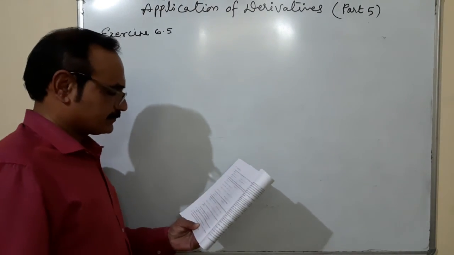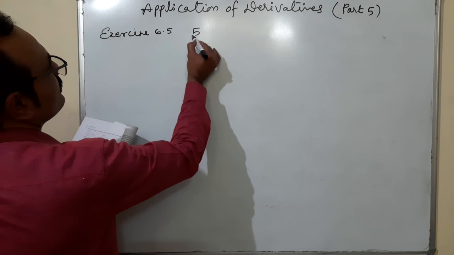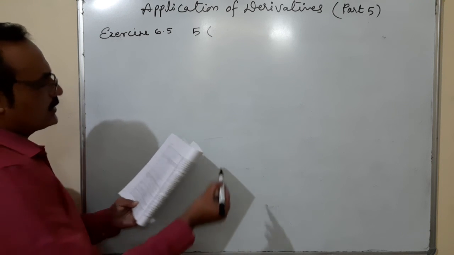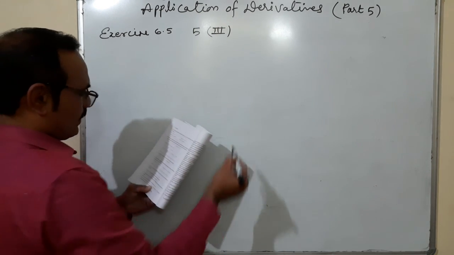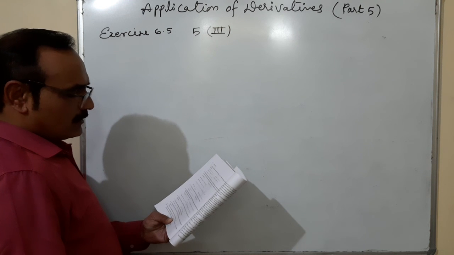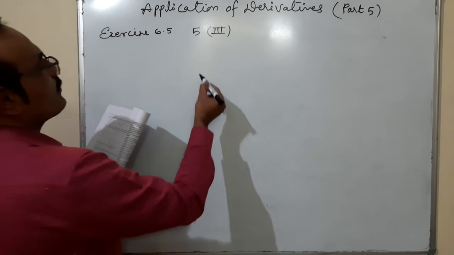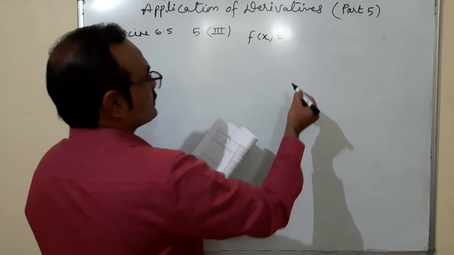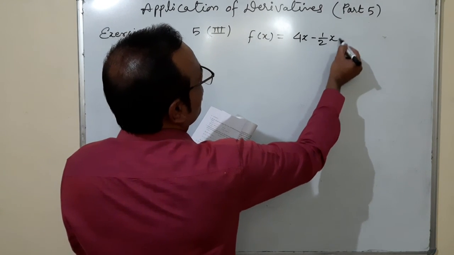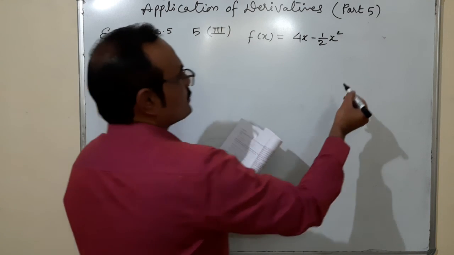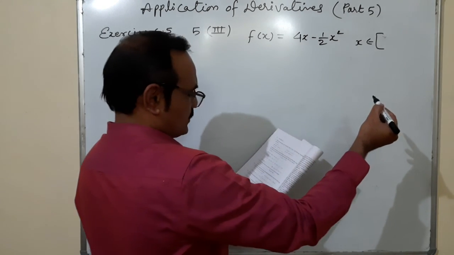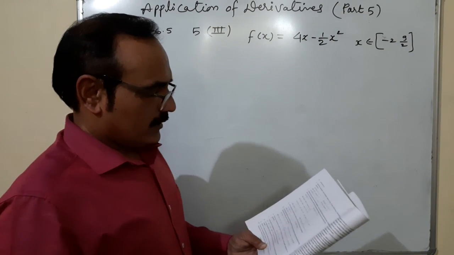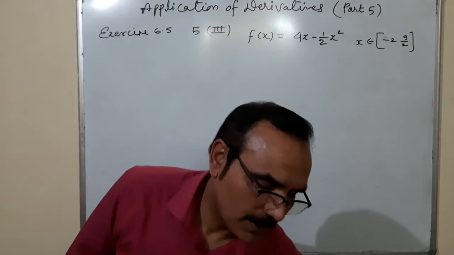I am taking the third part of this question. f of x is equal to 4x minus 1 upon 2 x square, x belongs to minus 2 to 9 by 2. That is the question, maximum or minimum values.